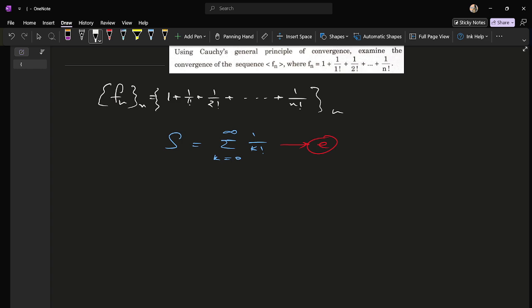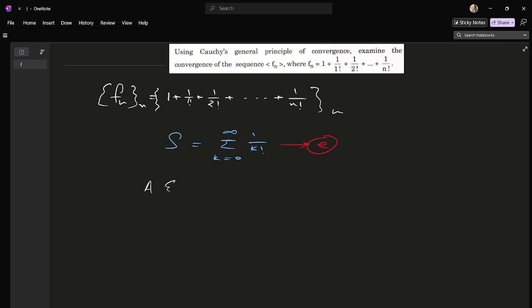This says that a sequence is said to be convergent if for all given epsilon, which is arbitrarily small, greater than 0, there exists a positive integer N such that |fn minus fm| is less than epsilon for all n and m greater than or equal to N.